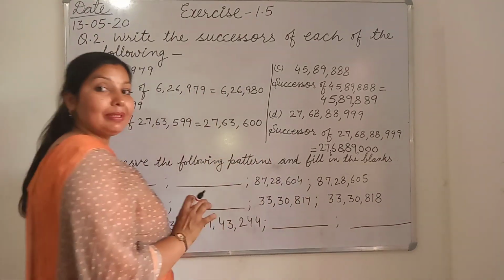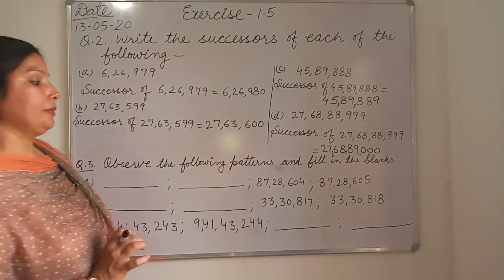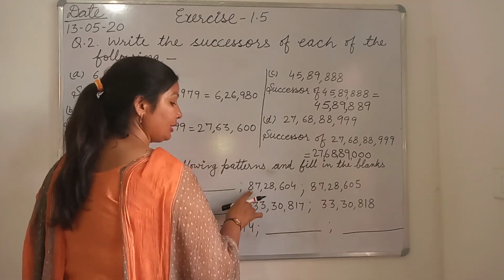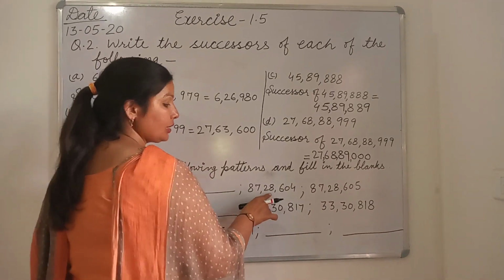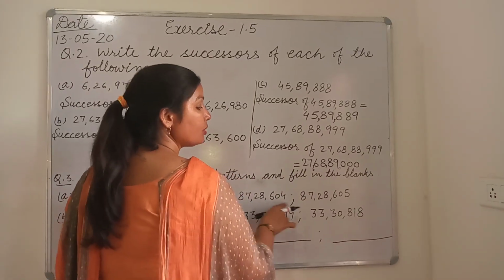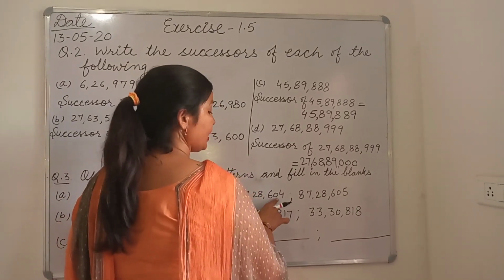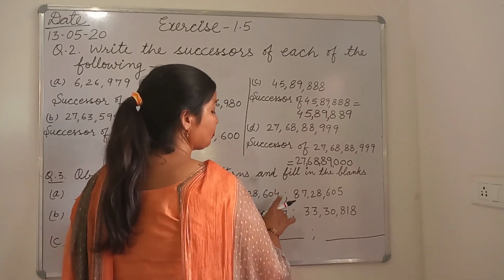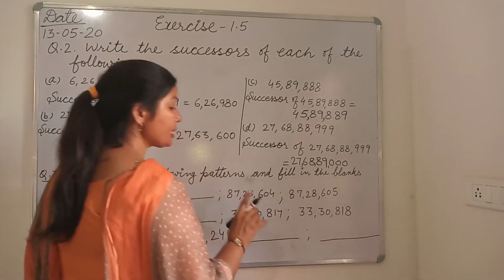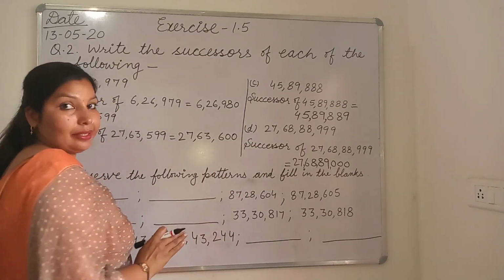Firstly, we identify the pattern. You will see that lakhs is the same, 87, 87. Thousands is also the same, 28, 28. Then hundreds is also the same, 6, 6. Tens is also the same, 0, 0. Now you will see 4 in ones and there is 5. That means plus 1 is there.